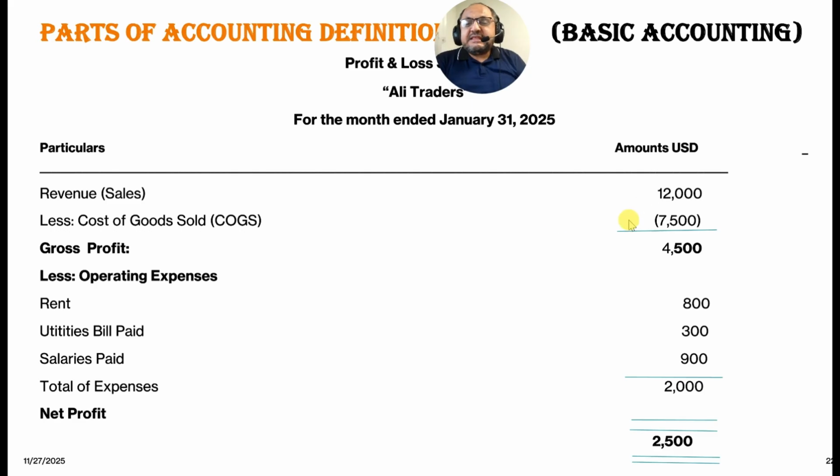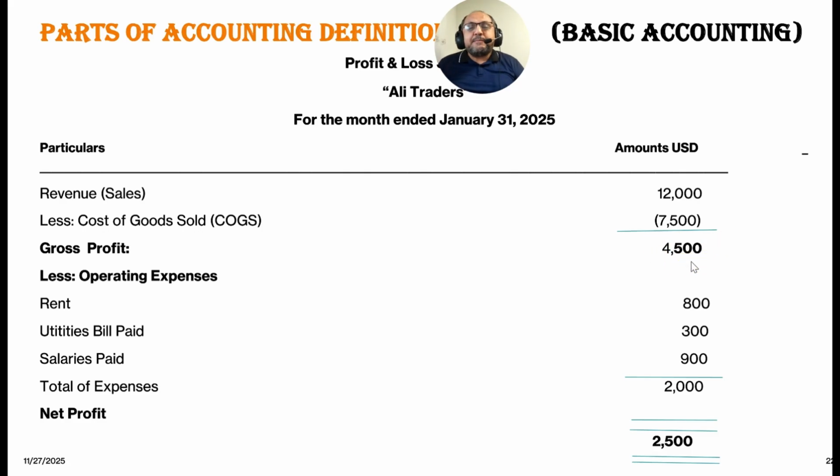But this is not the total revenue. We have to deduct the cost of goods sold. They purchased $7,500 of groceries. For these $7,500 groceries, they received cash of $12,000, and then the profit was $4,500.